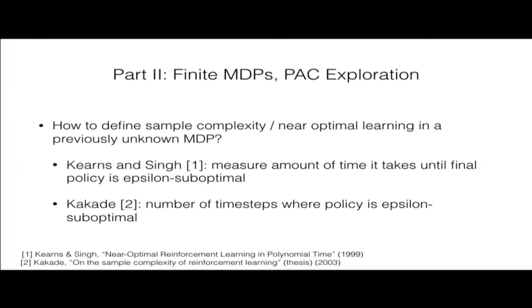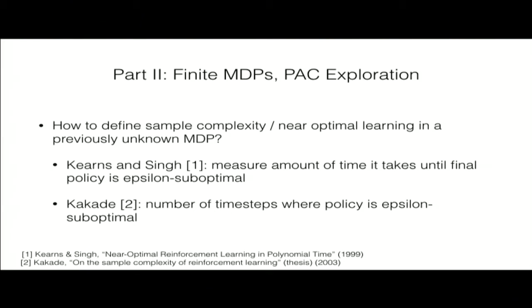So people have thought a bit about how you can even define what it means to behave optimally in an unknown MDP. The problem here is your agent is in a previously unknown MDP, so you get stuck in this MDP, and now you have to behave in this MDP and learn an optimal policy over time.